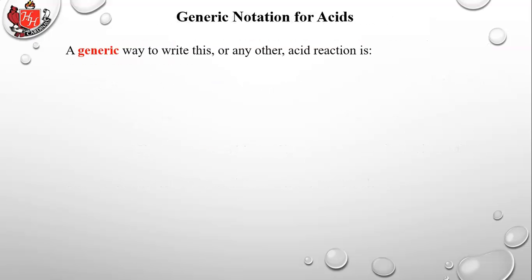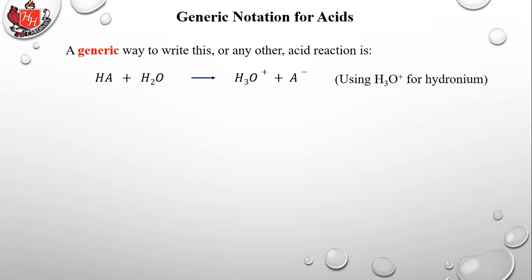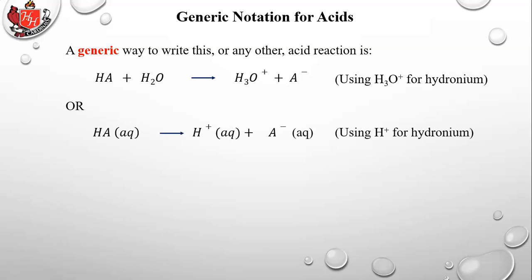A generic way to write this or any other acid reaction is like this. HA plus H2O produces H3O plus and A minus. Or HA without the H2O, just aqueous, produces H plus and A minus. So we'll talk about what that A minus means.